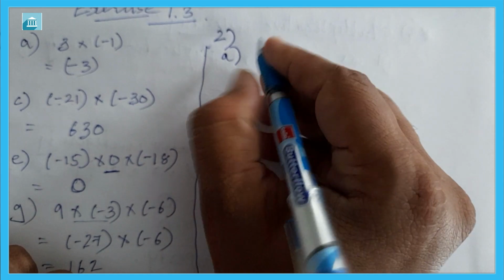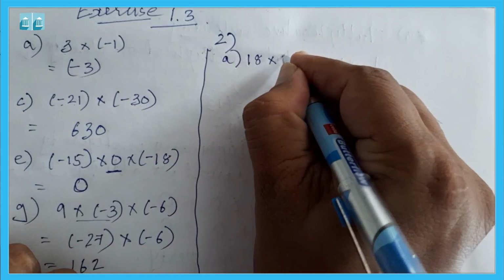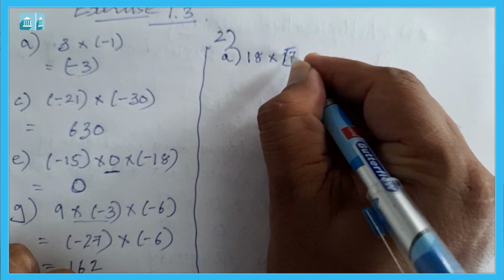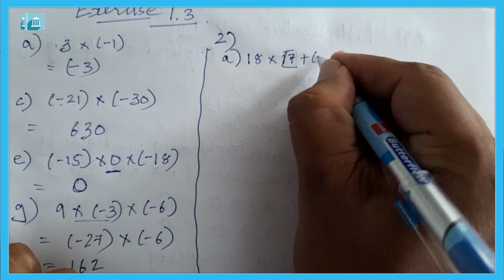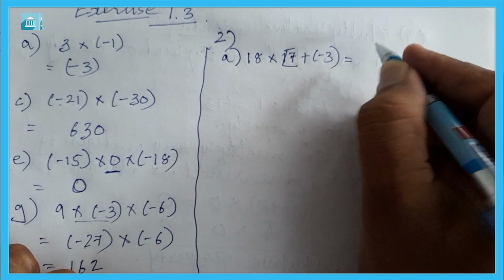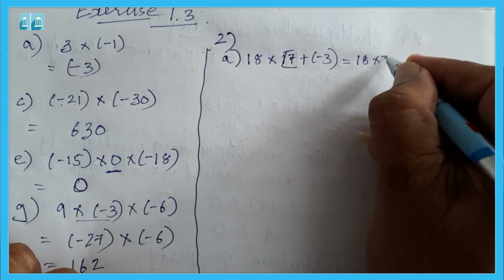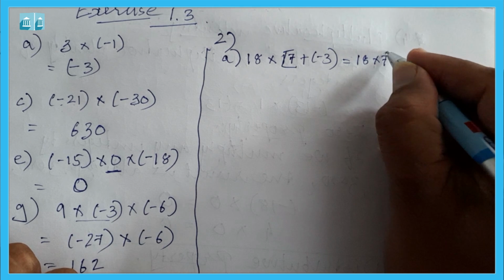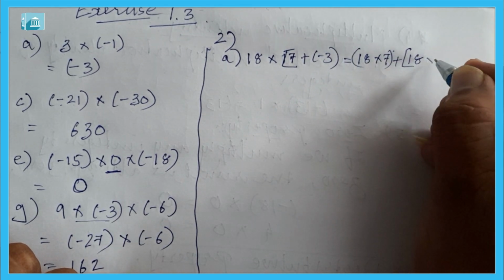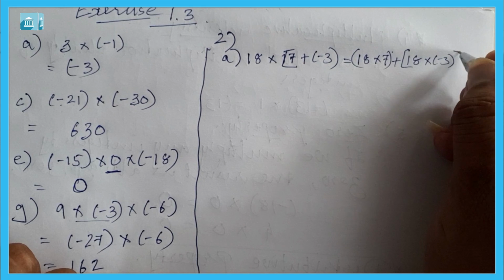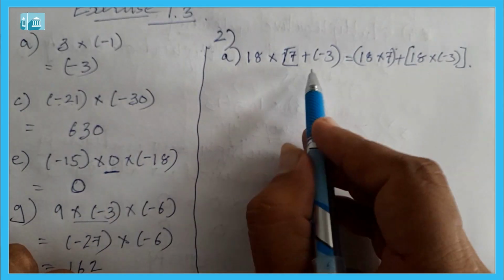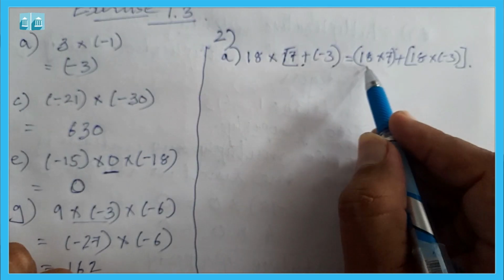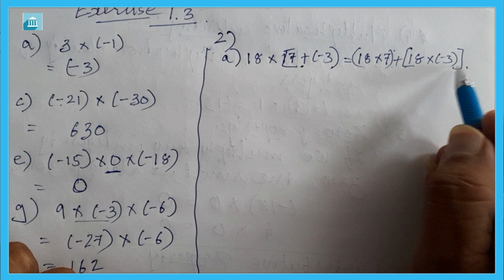A, it is given 18 into bracket 7 plus minus 3 is equal to 18 into 7 plus 18 into minus 3. We have to verify that 18 into 7 plus minus 3 is equal to 18 into 7 plus 18 into minus 3.